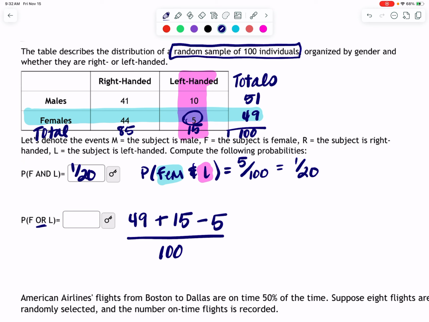So essentially this is 49 plus 10, that's 59/100. And I believe that's already reduced. We're going to double check just in case. Yeah. So our probability is 59/100. If you want the decimal equivalents for these, this would be 0.05 and this would be 0.59.